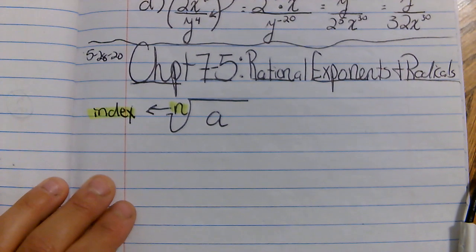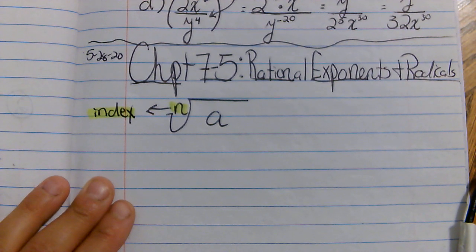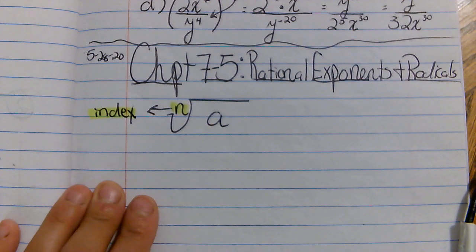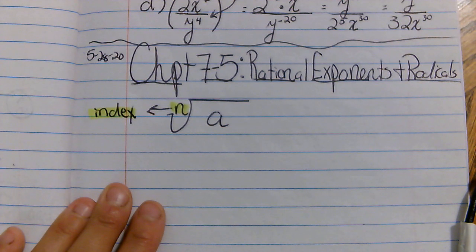The index tells me, so for example, if I was doing the square root of a number, I would break it into two numbers, a number times itself, to get whatever was in the middle. If this was 3, I would break it into a number that could be multiplied by itself 3 times.